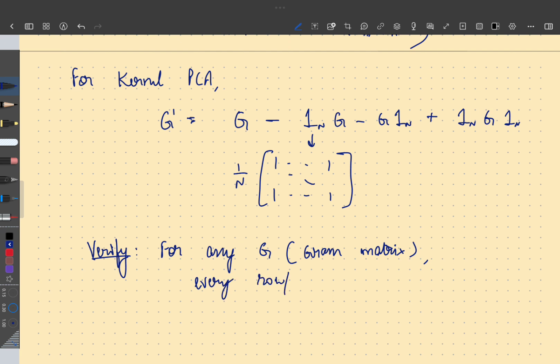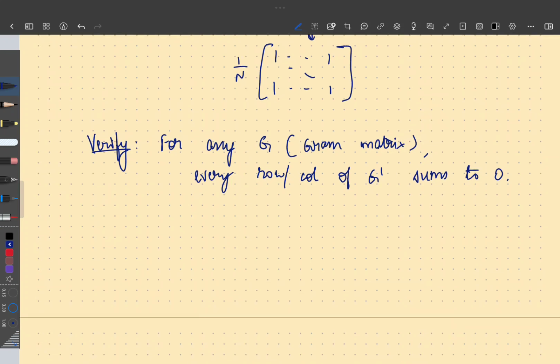Every row and column of G prime sums to 0. Any questions?